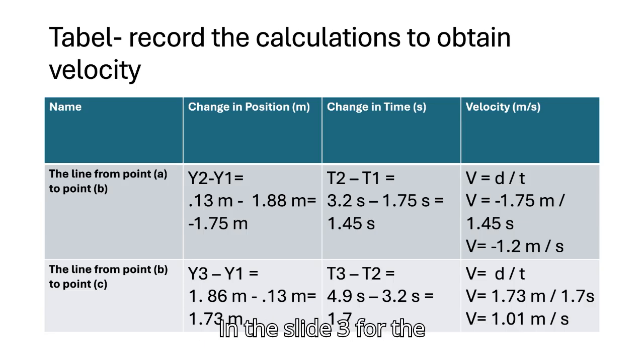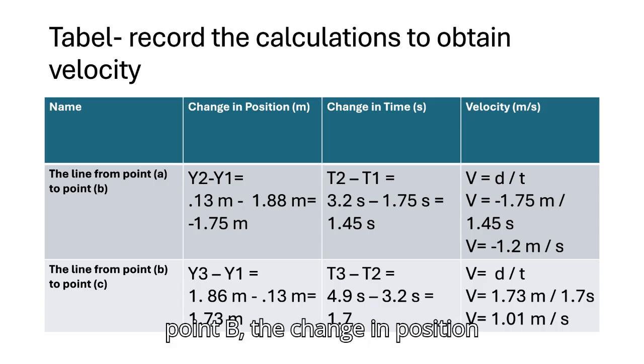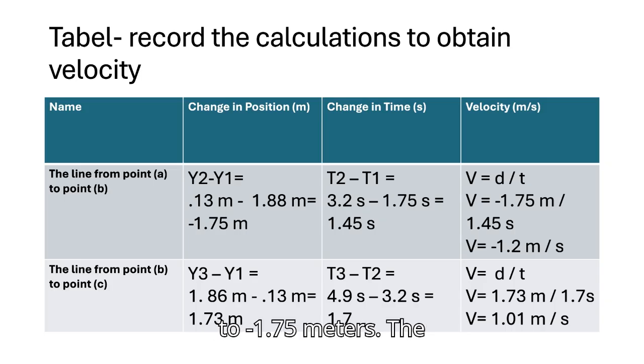In slide 3, for the first section from point A to point B, the change in position was 0.13 meters minus 1.88 meters, which equals negative 1.75 meters. The negative sign tells us the glider was moving toward the center.